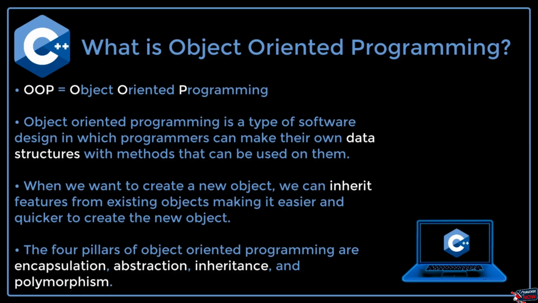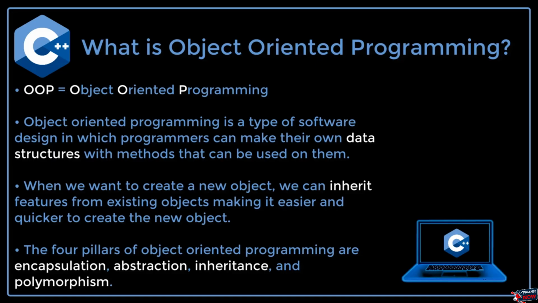In other words, they support classes and objects. In order to write object-oriented code, you need to use an object-oriented programming language. As you may have guessed or may already know, C++ is an object-oriented programming language. Other examples of object-oriented languages are C#, Python, and Java.